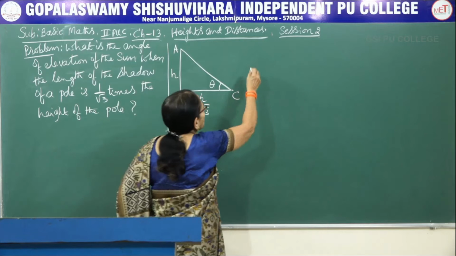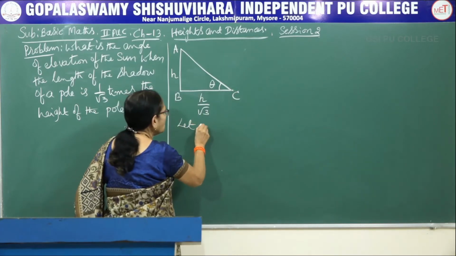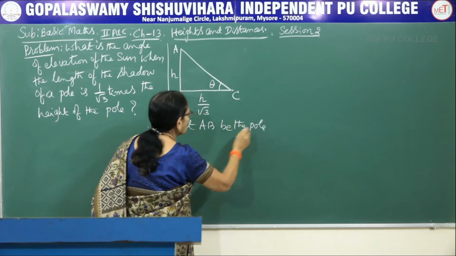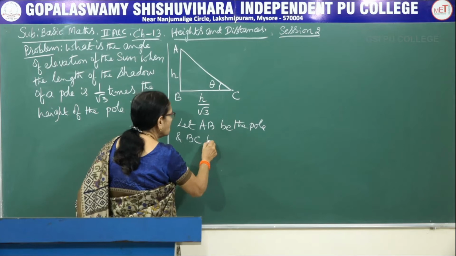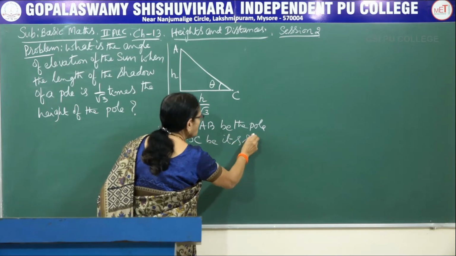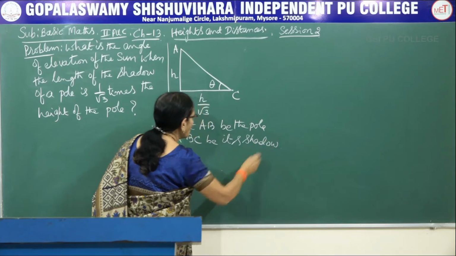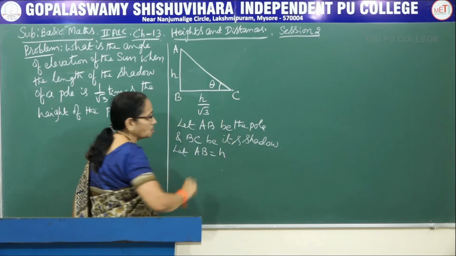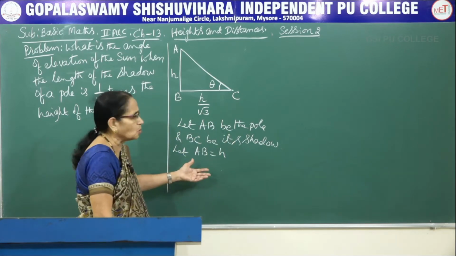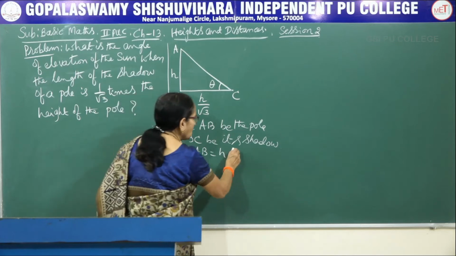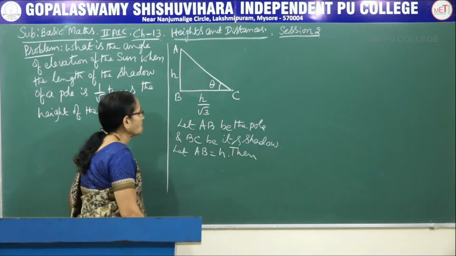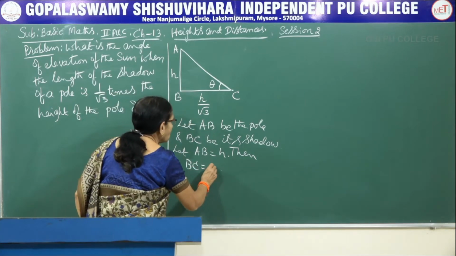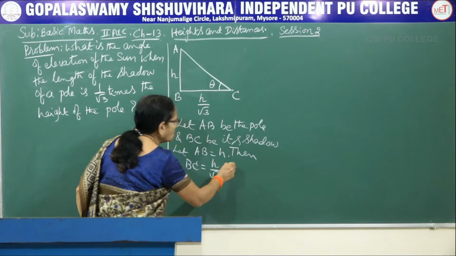Okay. So, how do you write this? Let AB be the pole and BC be its shadow. Now, let AB be equal to H. Then according to the condition, the shadow BC would be equal to H by root 3.